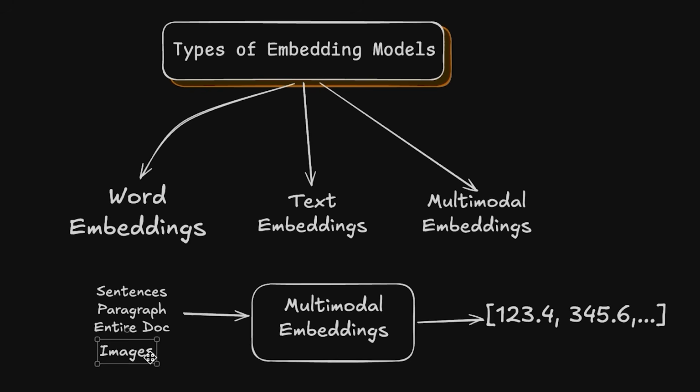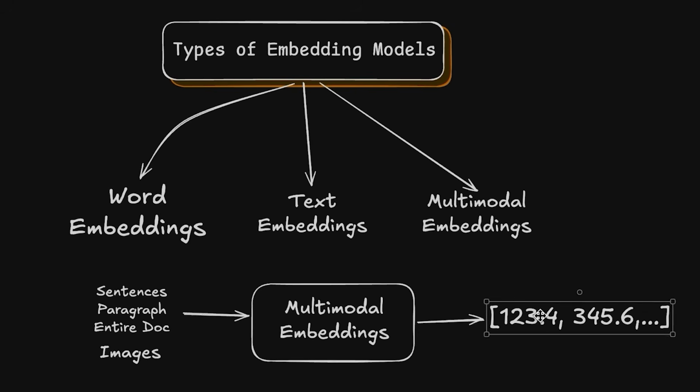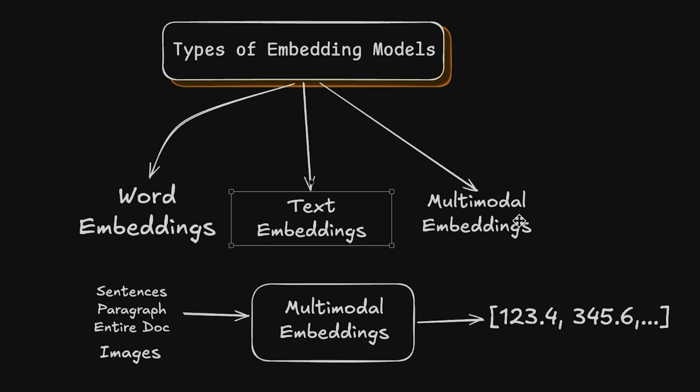So you can also send images. Basically, multimodal embeddings support text plus images, and that gets converted into vector embeddings. So these are the three popular embedding model types that you would come across.